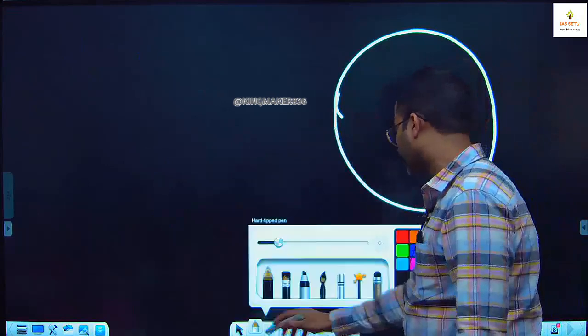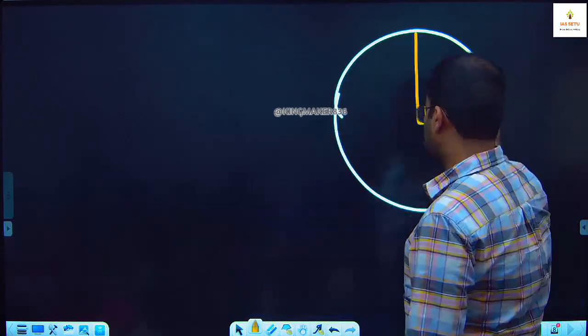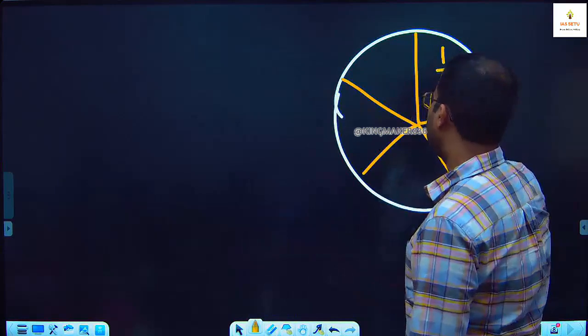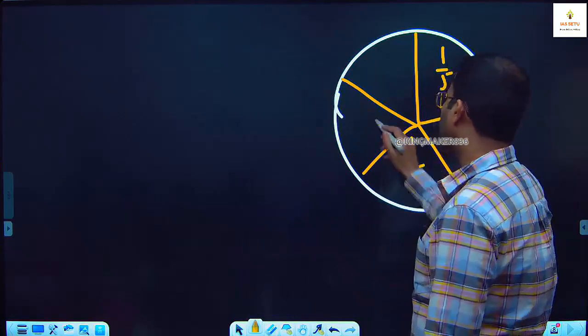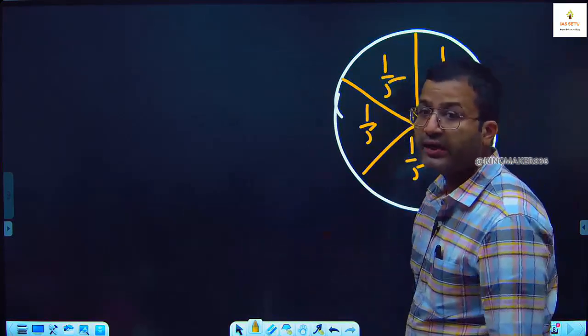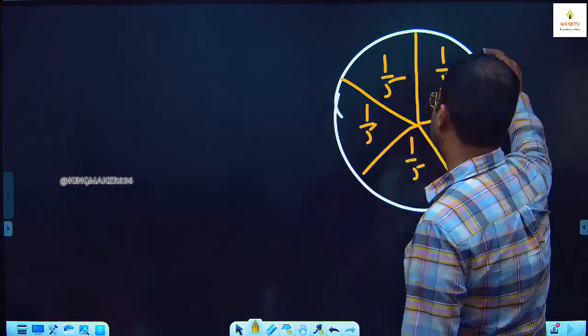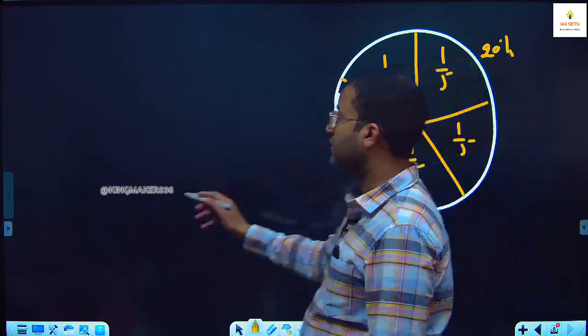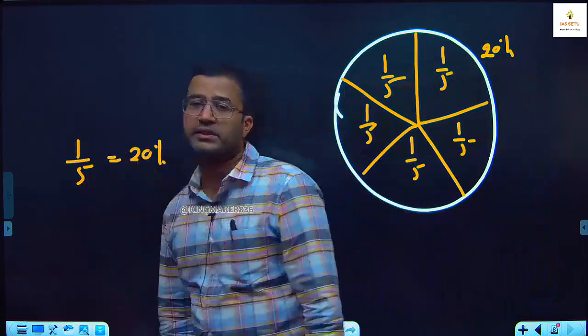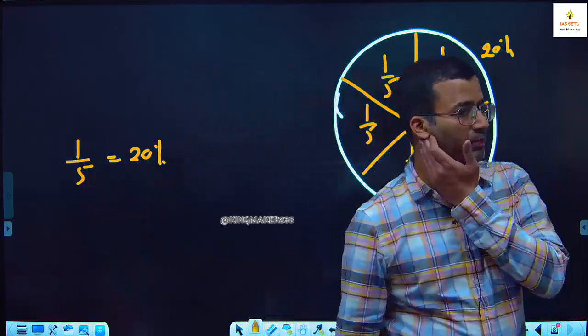One more. Next is we make 5 equal parts of this cake. So here it is 1/5, 1/5, 1/5. Each part is 1/5. And here in percentage, 100% divided by 5 is 20%. So this fraction value 1/5 is 20% or 20% is 1/5 directly.